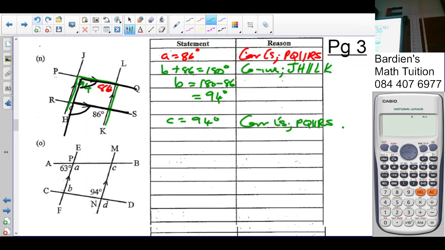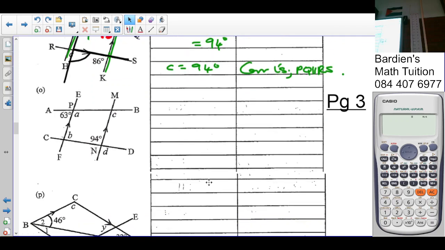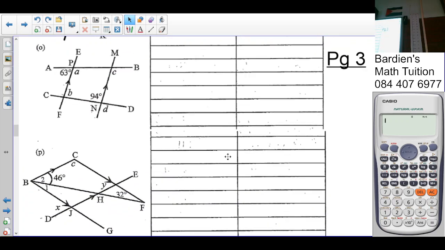Let's look at O. Calculate A? Angles on a straight line. You've got A plus 63 is equal to 180.